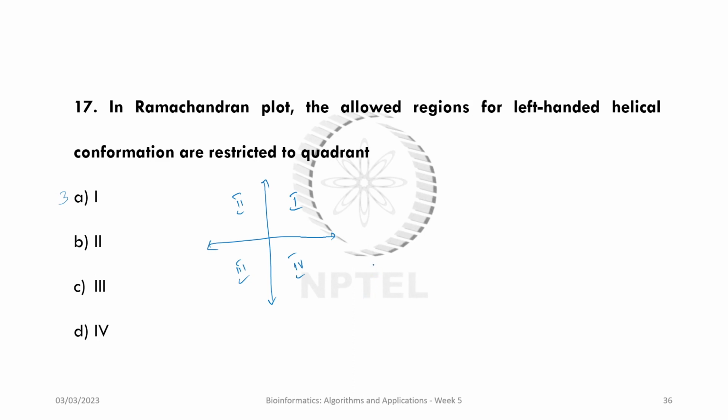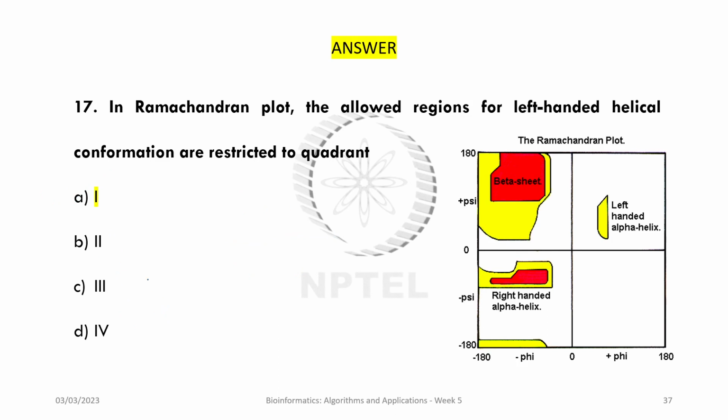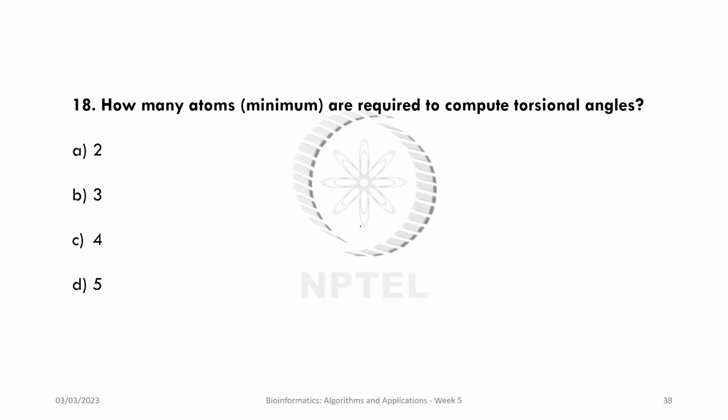Everybody agrees on A. It's not B, C, or D. So I have a picture here that says left-handed alpha helix right here. So it's in the first quadrant. It's given by option A.